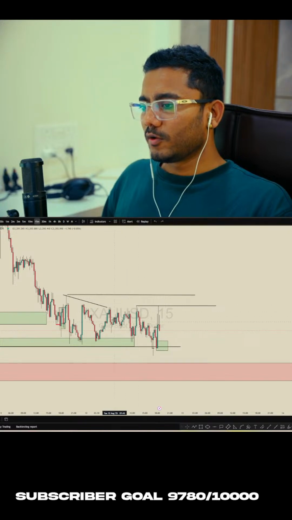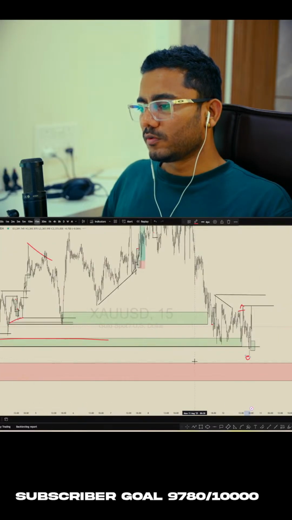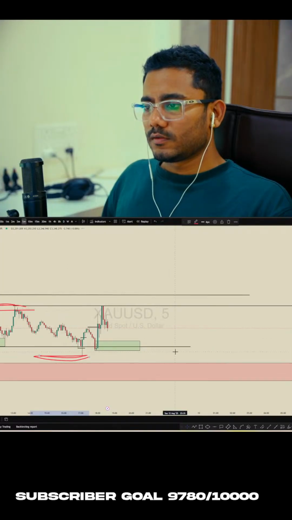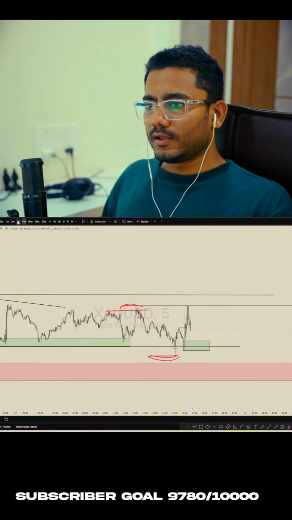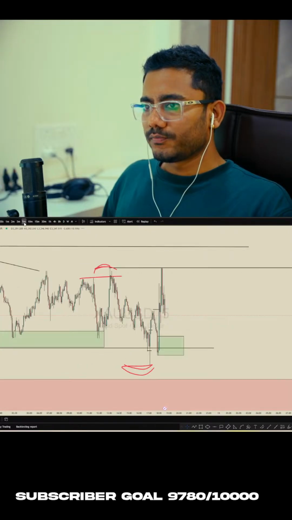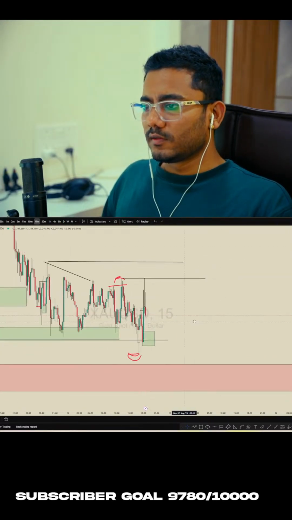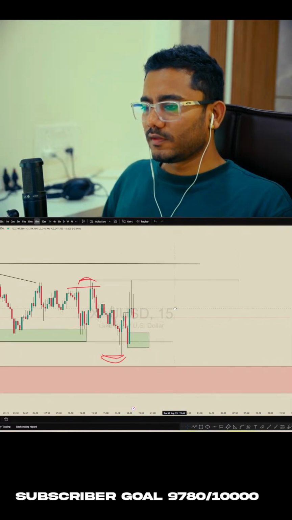So we'll wait, because if we try to understand here, this is our strong low, lower high, and we have this low which took out the liquidity from the left side too. So we can take a small risk, but this is still not a valid setup. It can work, but let's see. And here we have this 3 weeks high.